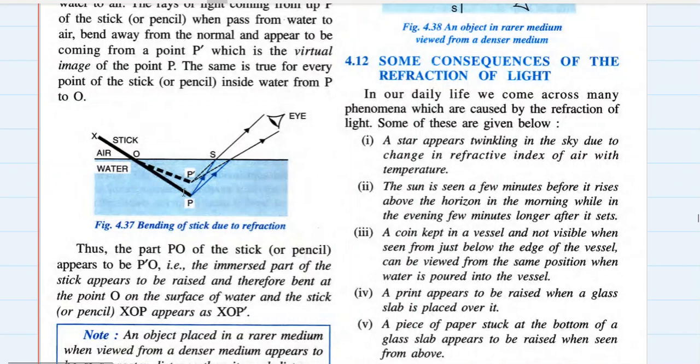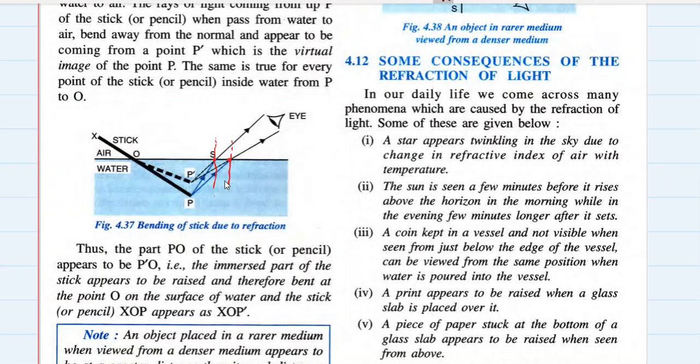Now you draw two rays of light coming from the stick, onto the boundary separating two media. So at these 2 points, these rays of light will be incident coming from the stick. Now at these 2 points you might want to draw normals.